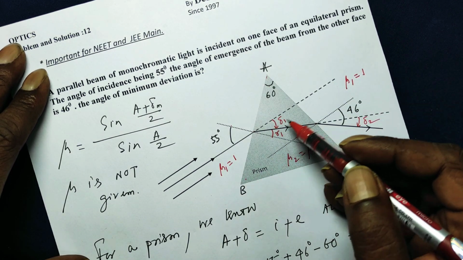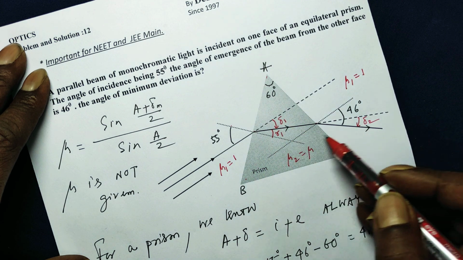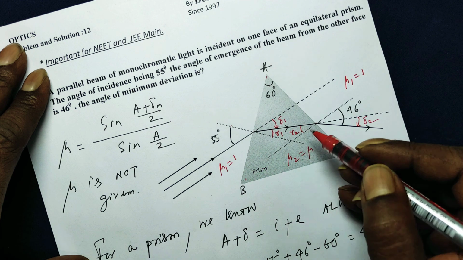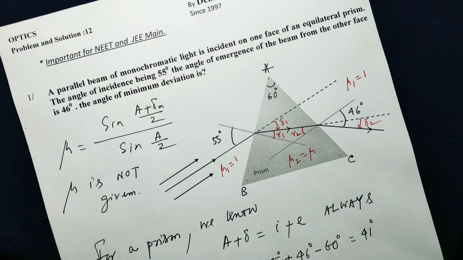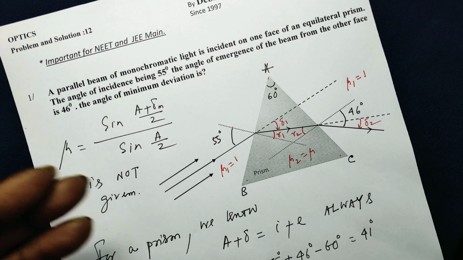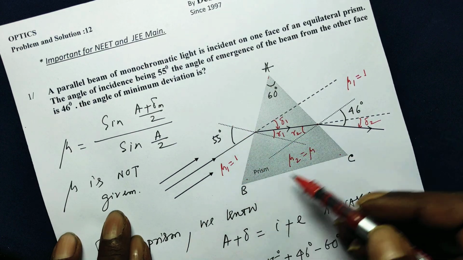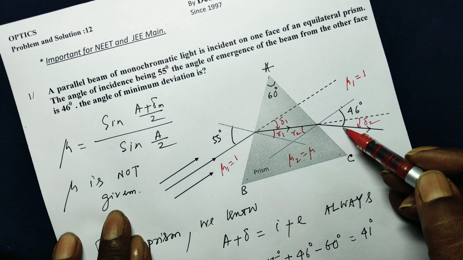We don't actually require all these things, delta 1, delta 2, R1, and this angle of incidence within it as R2. I just explained you so that your lessons get revised, right? So this is given as 55, this is given as 46 as angle of emergence.